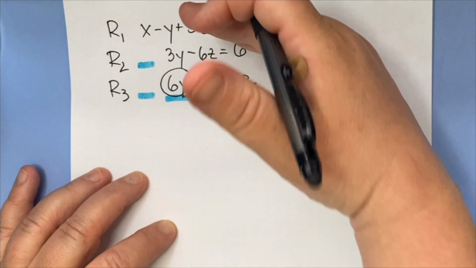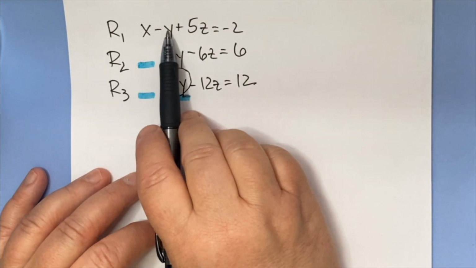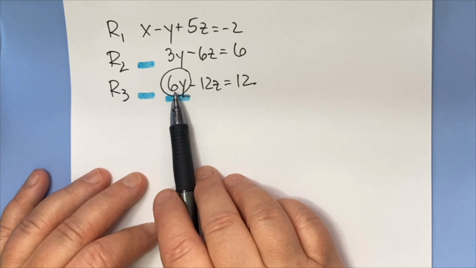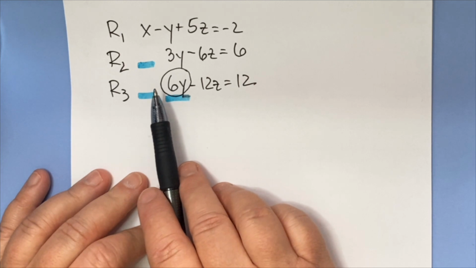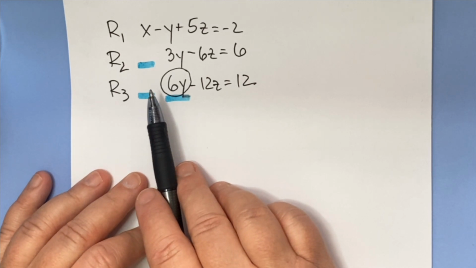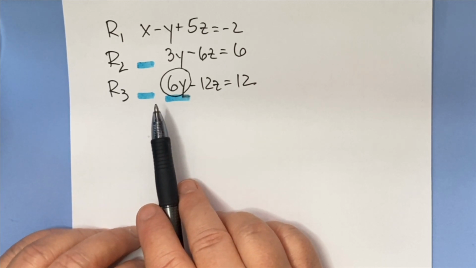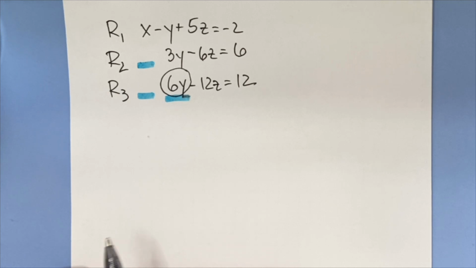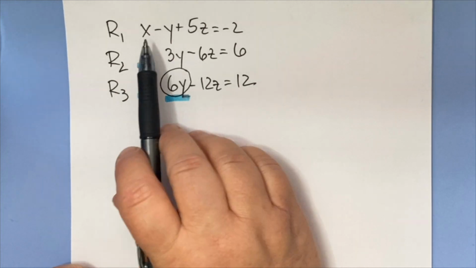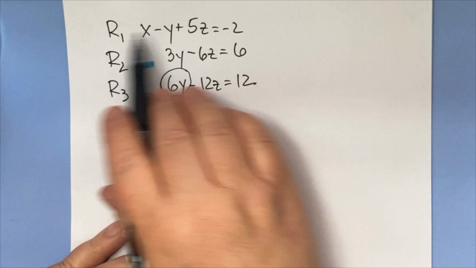So I look at all of my options and I see that I could use row 1 to get rid of this 6y, but because of the x that's in row 1, that would, and here I have a funny way, the way that I learned to talk about it, reinfect row 3 with x's, as if all the variables are viruses, which honestly, after you've been working with these for a while, the variables start to seem a little bit like viruses. So I'm not going to use row 1 because row 1 has an x. That's just going to mess everything back up. Row 1 gets to rest.